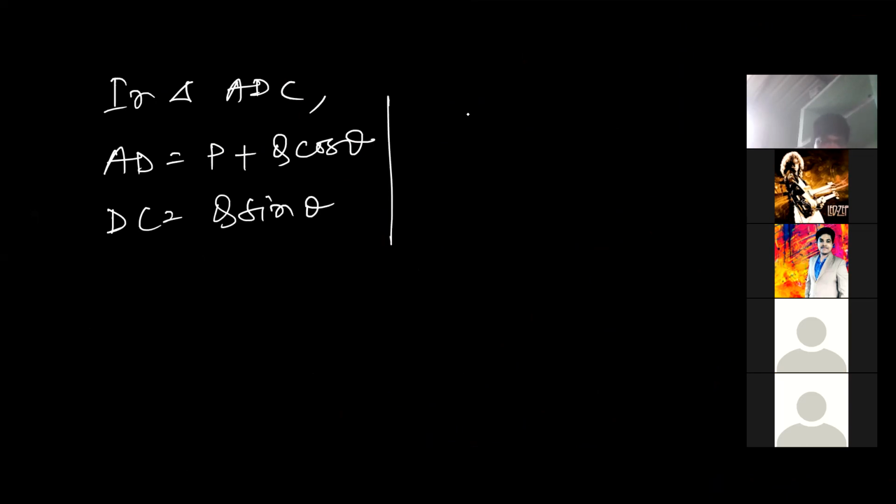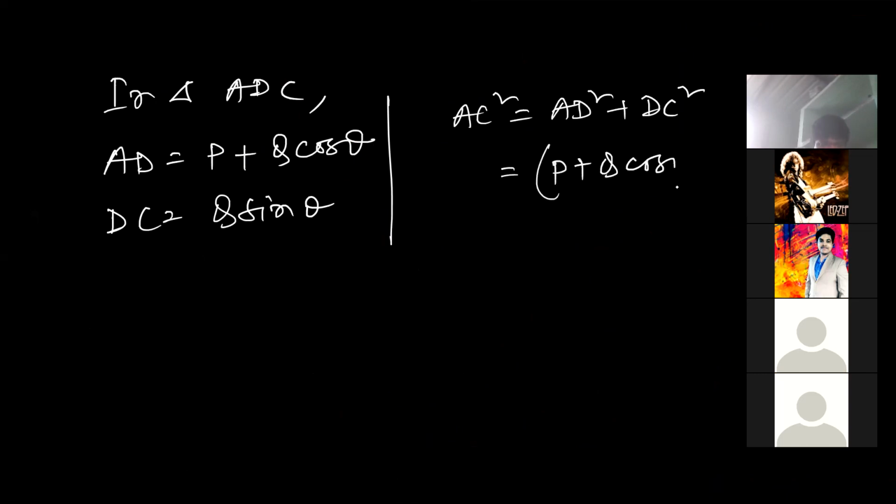According to that, I can say that AC square is equal to AD square plus BC square. So AD is equal to how much? I have already written. It is equal to P plus Q cos theta, that whole square, plus DC square. DC square means Q sine theta, that whole square. And AC is what?